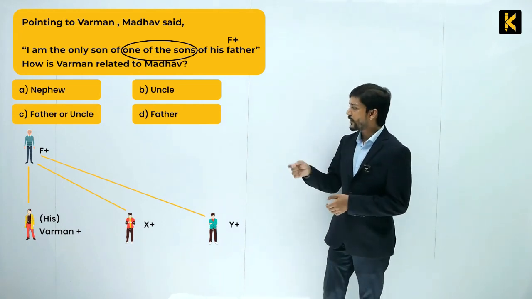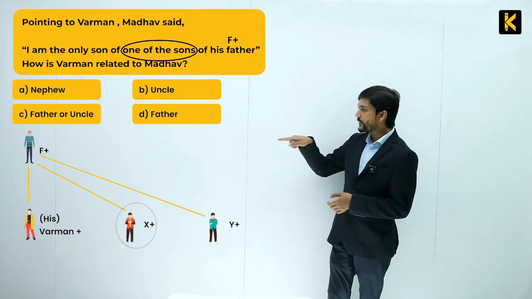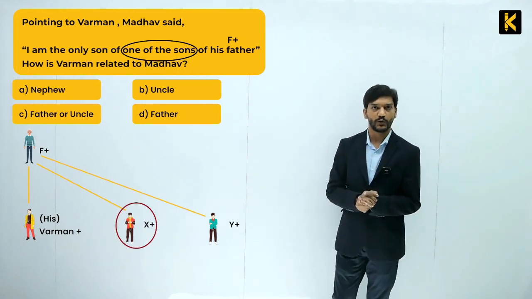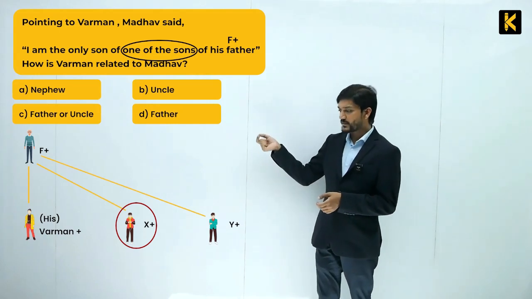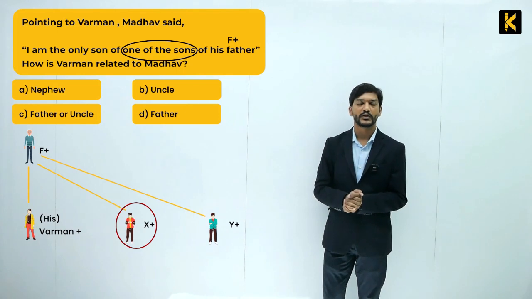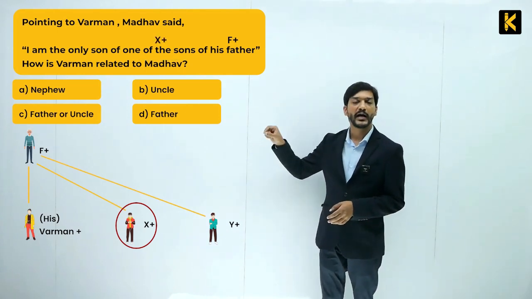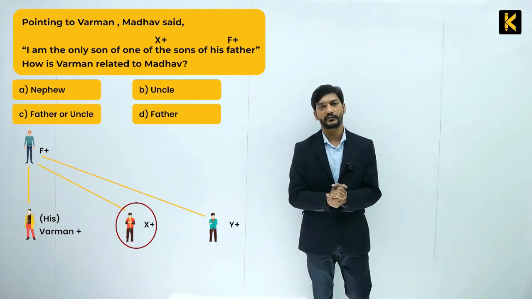So one of the sons I am taking as X plus. Let me circle it. And with this only we will be continuing with the diagram. Let me show in the statement that one of the sons here I am taking as X plus.